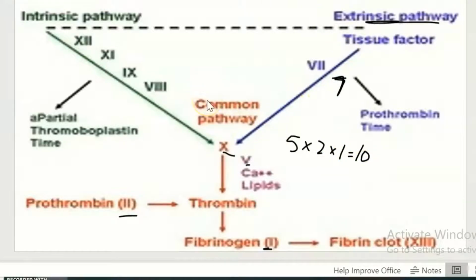So if the patient has a prolonged PT time, it means they may have a deficiency of factor 7, 5, 2, 1 and 10.